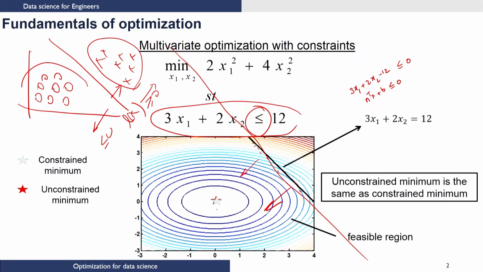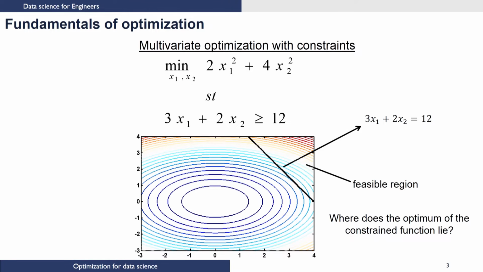So the constrained minimum and the unconstrained minimum are the same. This is an interesting thing to see. We saw that in the case of equality, the unconstrained and constrained minimum were different, but when we made this into an inequality with the less than or equal to sign, we see that the constrained and unconstrained minimum are the same points.